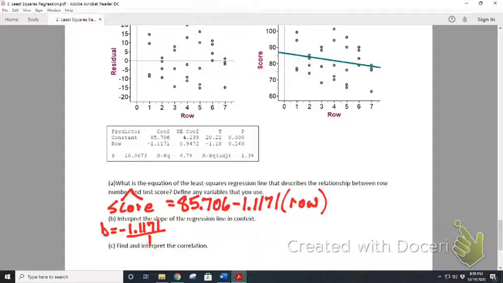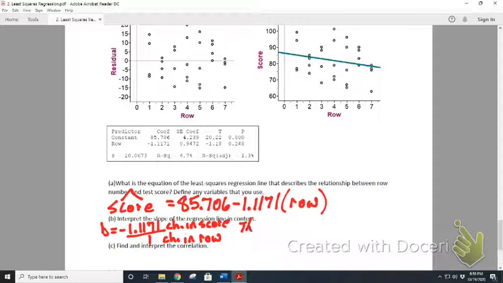Remember, it's change in y over change in x, so change in score over change in row. That's change in y over change in x, like you learned all the way back in Algebra 1. Now just put it into a sentence.